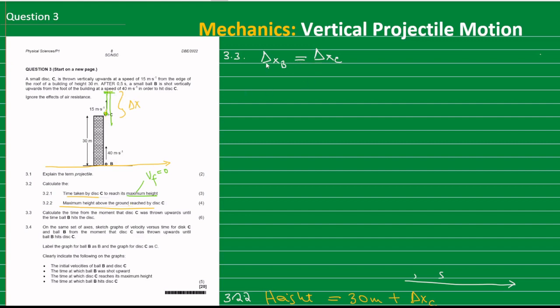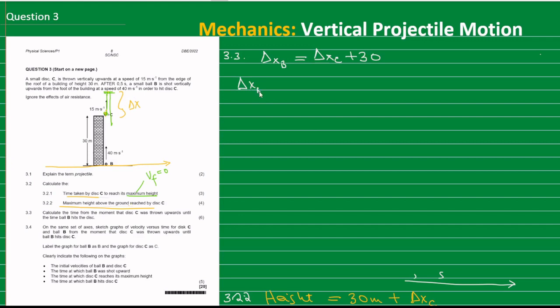So delta XB, the displacement of ball B, will be equal to the displacement of disk C plus 30 meters, because it is 30 meters above the ground. Now let's use the displacement of ball B.